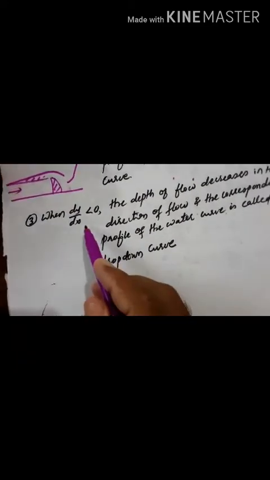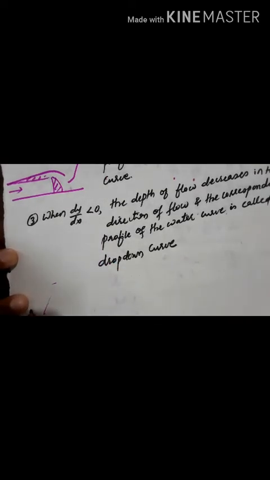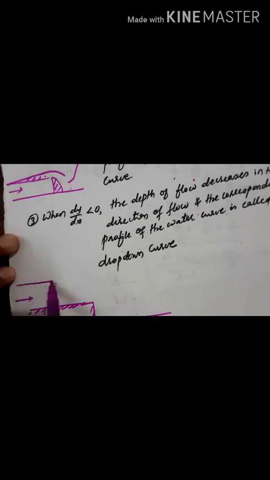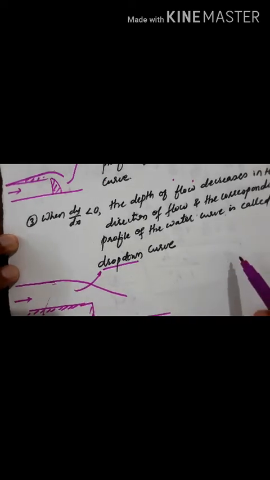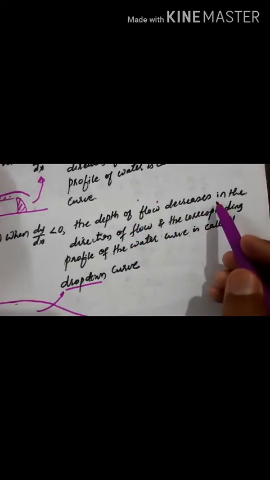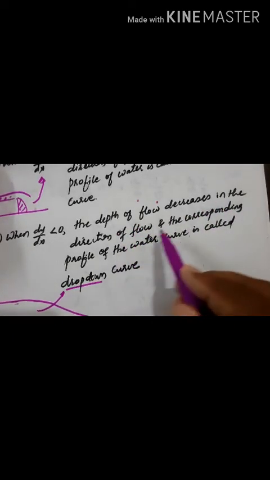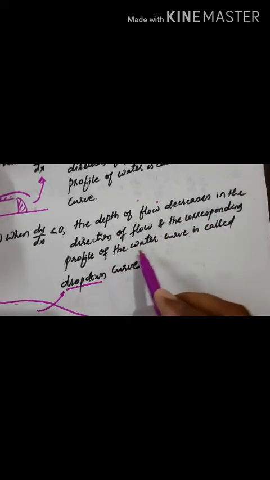Then when dy by dx is less than 0, suppose this is the channel bed and you have a drop like this, water is flowing in this direction, this is the flow depth, suddenly the water will drop like this. This is called drop down. The depth of flow decreases in the direction of flow and the corresponding profile of water is called the drop down curve.